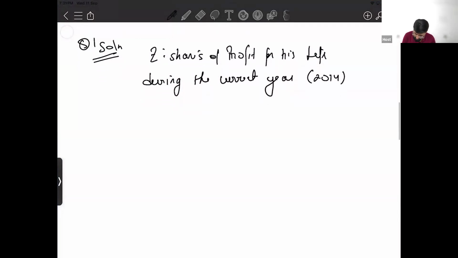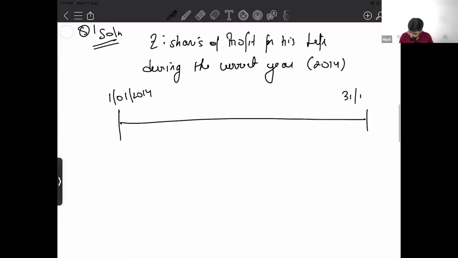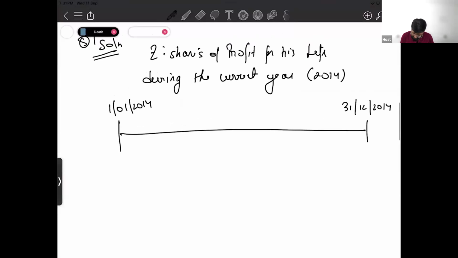Now let's understand with the timeline. The year will start on 1st Jan 2014, as a calendar year, and it will end on 31st December 2014. Now Z died on 30th April 2014.